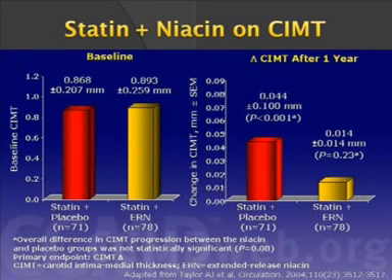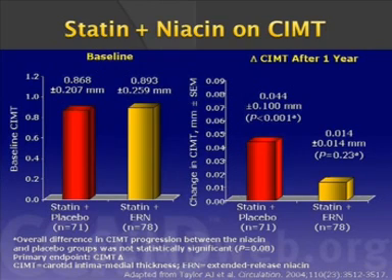Does this combination of statin and niacin reduce the atheroma burden as measured by carotid intima media thickness or CIMT? The bars on the left hand side are the baseline values. The red one is statin and placebo, the gold one is statin plus extended release niacin. On the right hand side we have the red bar statin plus placebo.